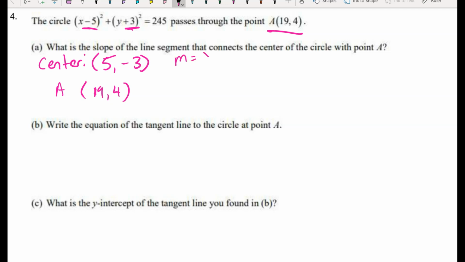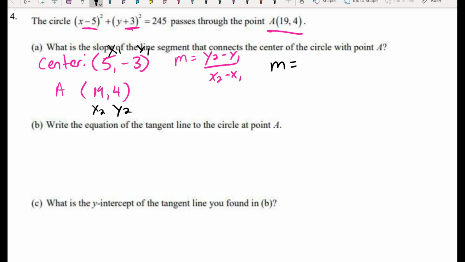Again, if I want to find the slope, remember that's the change in y over the change in x. So for the slope, in this case, I'll make my center x1, y1, and my point A x2, y2. Again, it doesn't matter which one you choose as which.